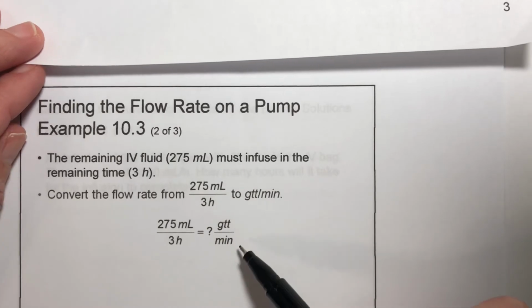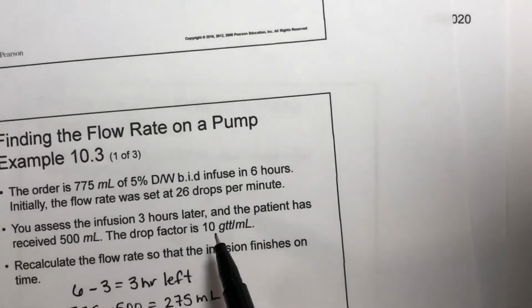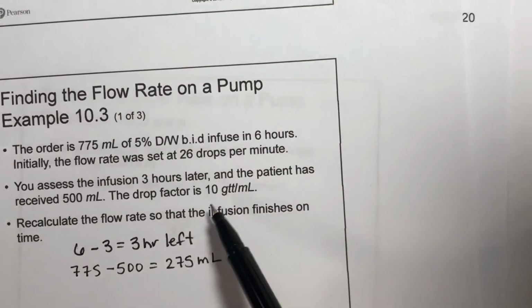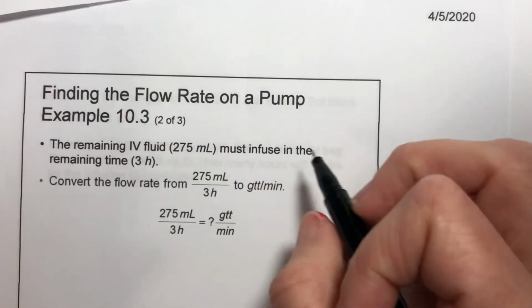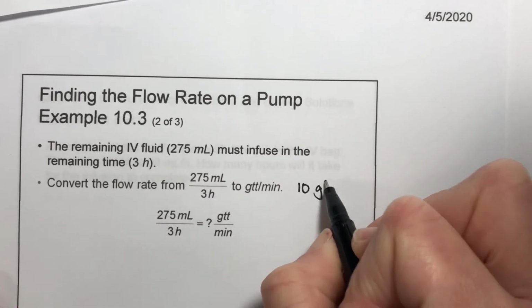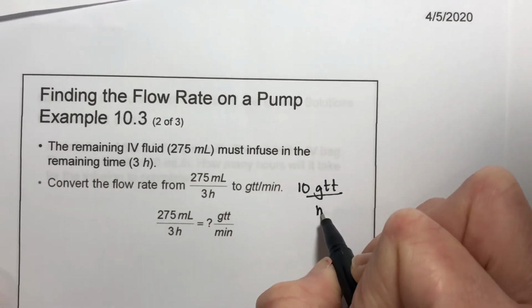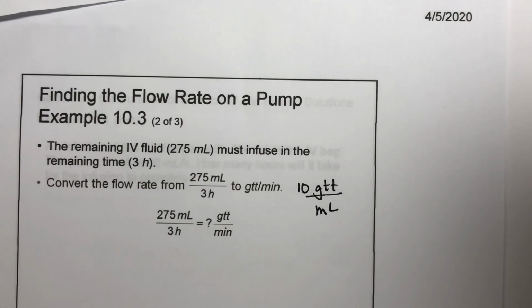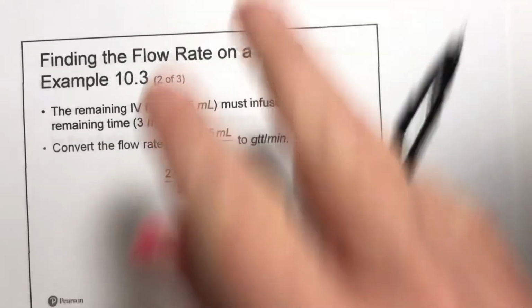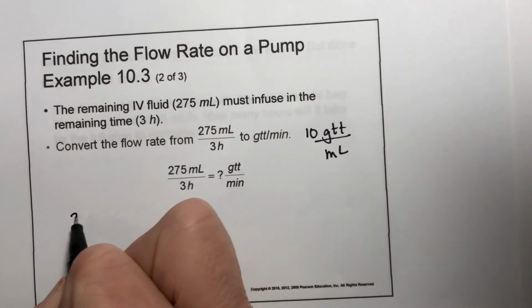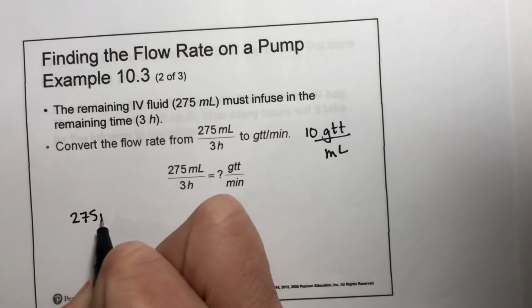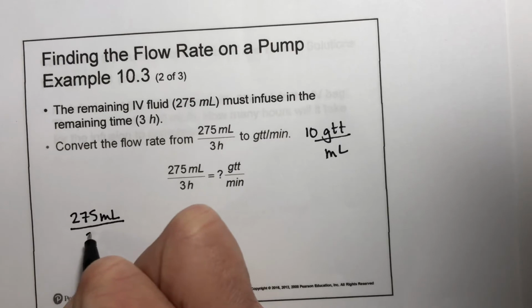We're supposed to go to drops per minute, and on this slide, we were going to slow it down to 10 drops per milliliter. And that's from the previous slide. We're supposed to go to drops per minute. Okay, so we have 275 milliliters over 3 hours.